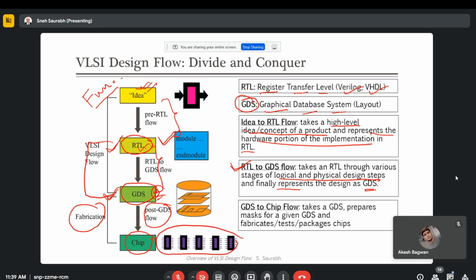For example, if we have designed a processor and made the layout of the processor, then that layout will go to the foundry, and say 1 million processors will be fabricated. So that is the fabrication step. The designing step is from idea to layout, and the rest is the fabrication. We'll be discussing in today's lecture this part from the idea to the layout.